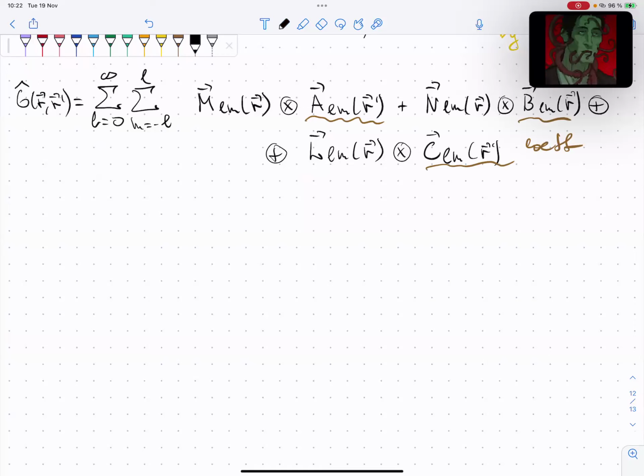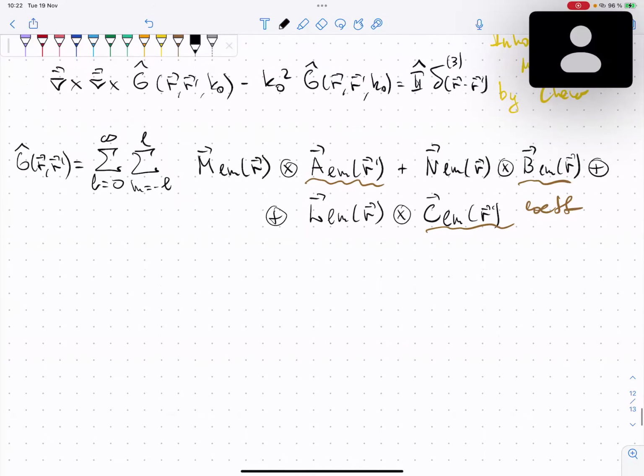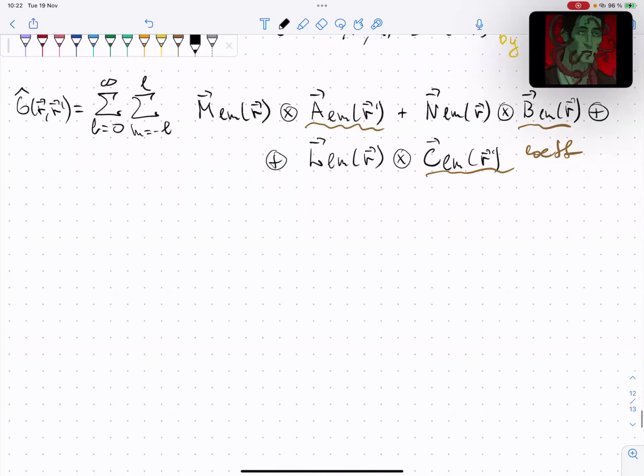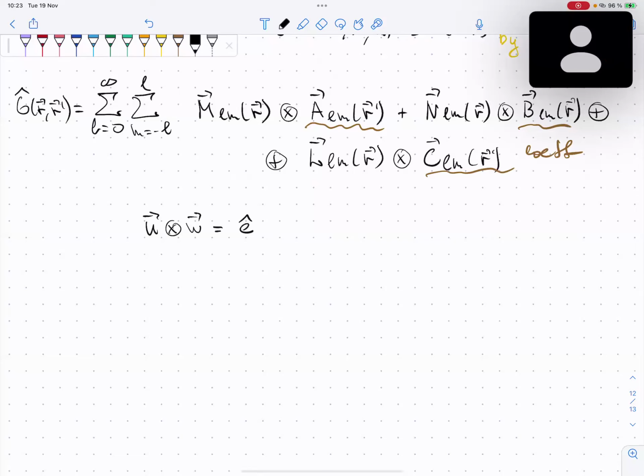Excuse me, may I have a question? Yeah, of course. Is the order of the multiplication important? Well, of course, let me explain. If you have two vectors, O and W, the outer or dyadic product is e_i e_j O_i W_j.